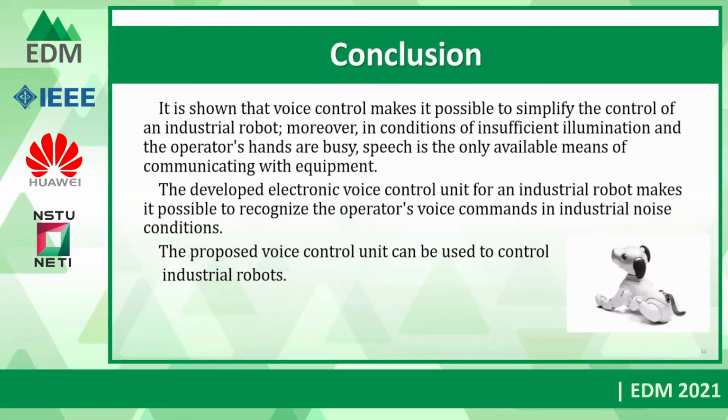The developed electronic voice control unit for an industrial robot makes it possible to recognize the operator's speech commands in industrial noise conditions. The proposed voice control unit can be used to control an industrial robot. My report is over. Thank you for attention.